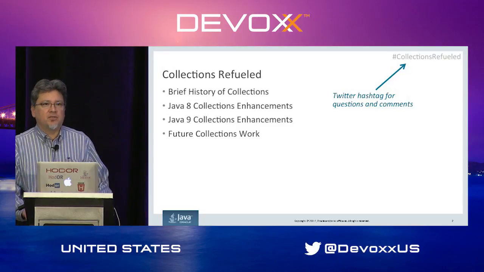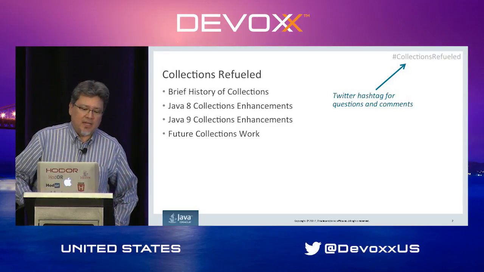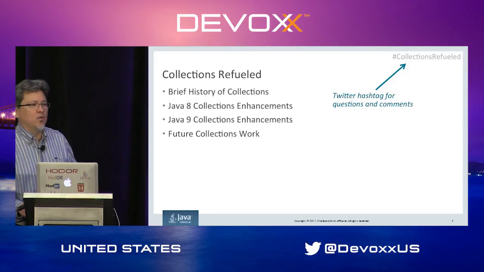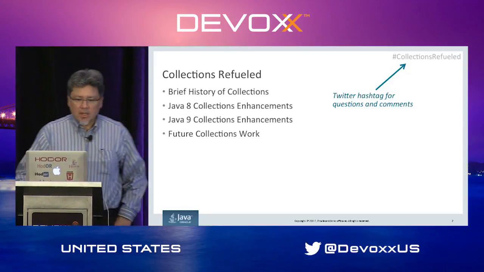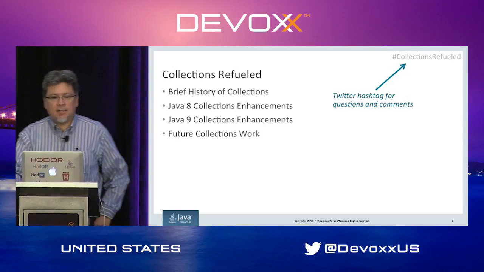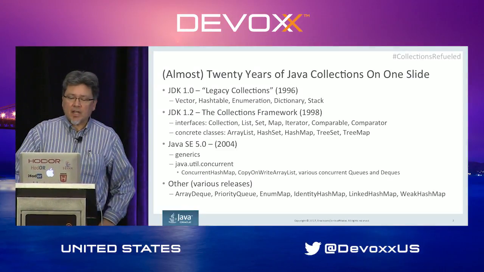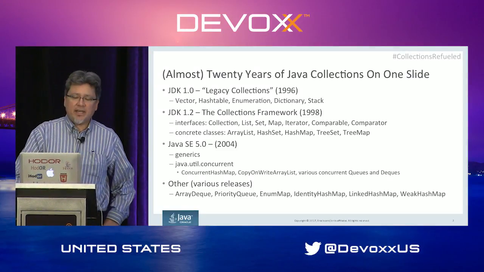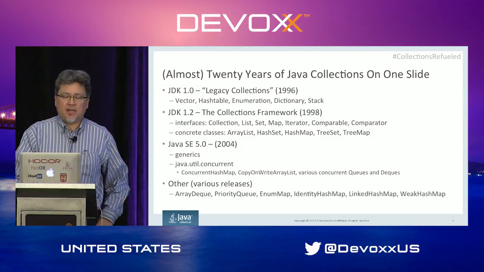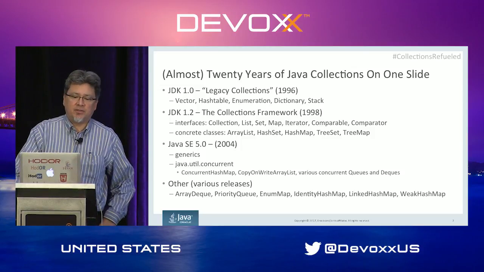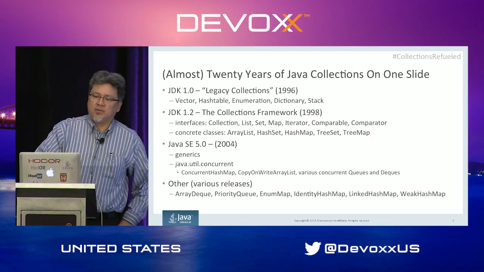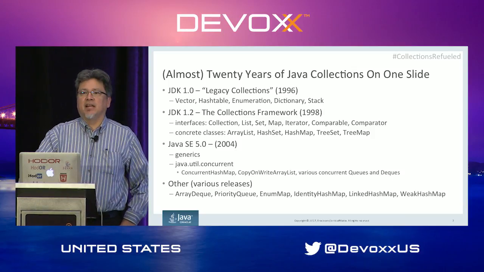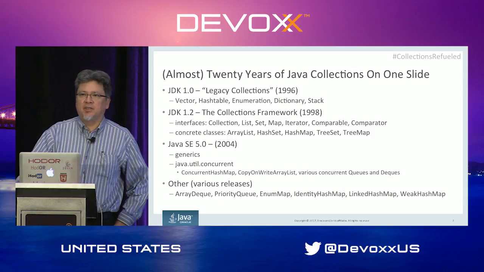All right, so, history of collections. Java is now over 20 years old, and the collections framework is not quite as old as Java. It is almost 20 years old. Java 1.0 was introduced with what we now call the legacy collections. There was no collections framework in the very beginning.